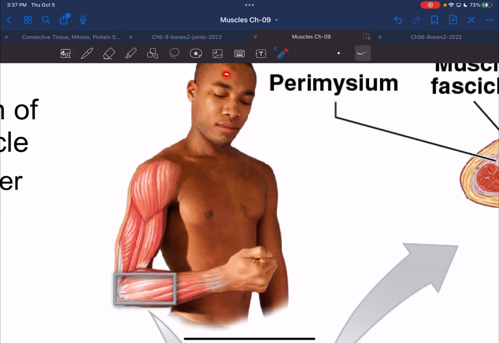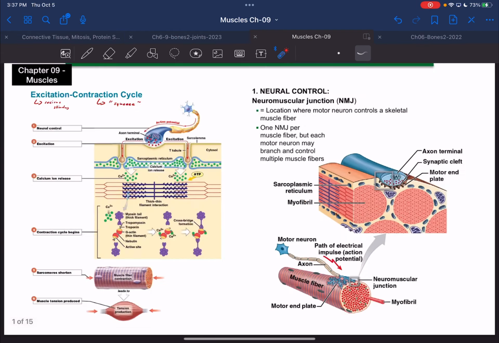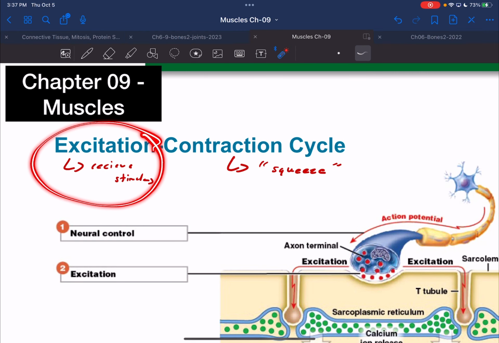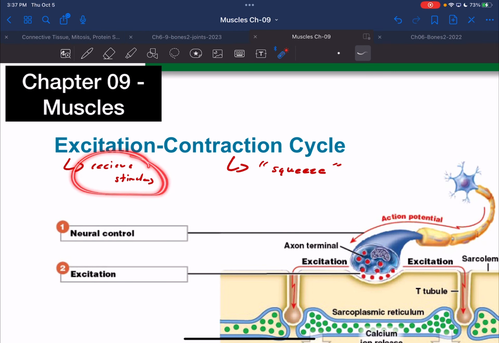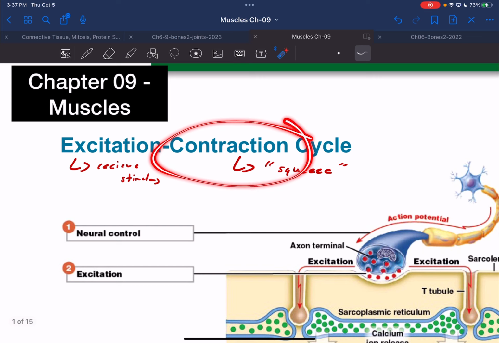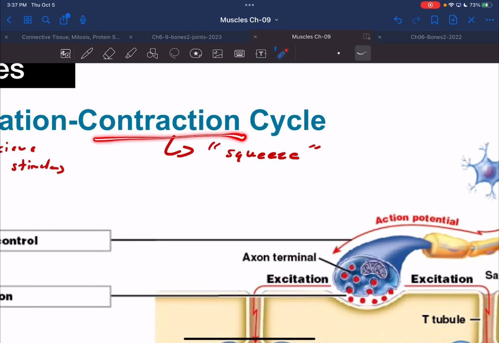And when you want to actually do what this man is doing on the screen, bend your elbow, he has to send that signal to that. That's exactly what this means. You are sending a signal from your brain, the stimulus, for the muscle to move or squeeze, which is what a contraction is. A contraction is the actual action a muscle does.